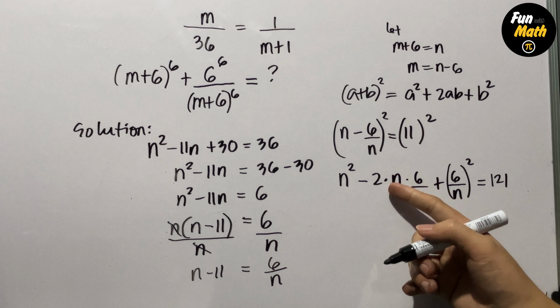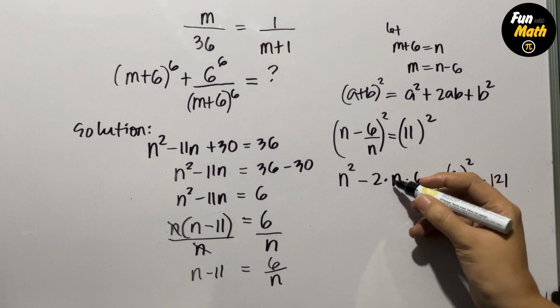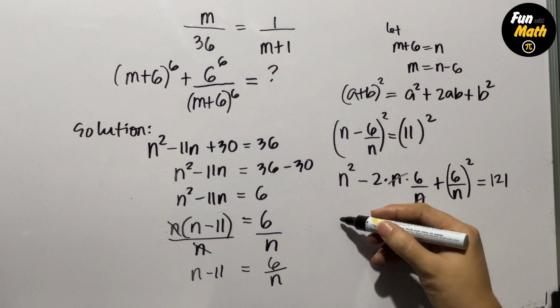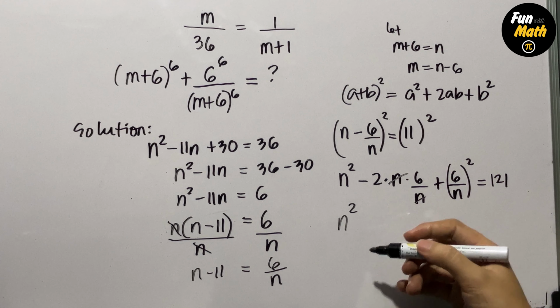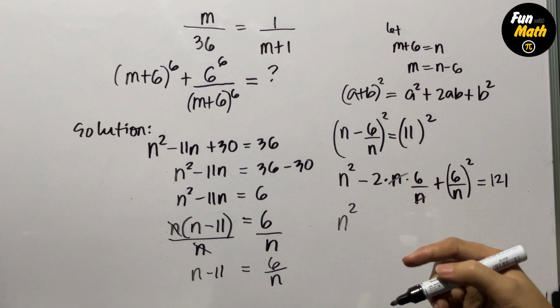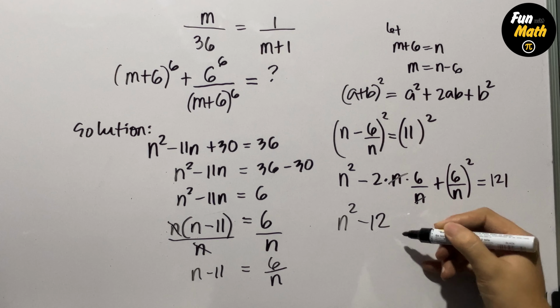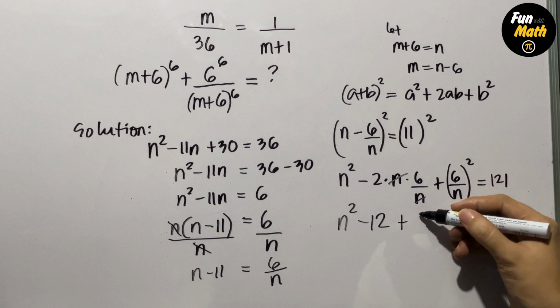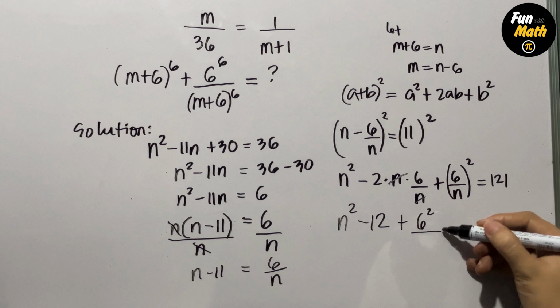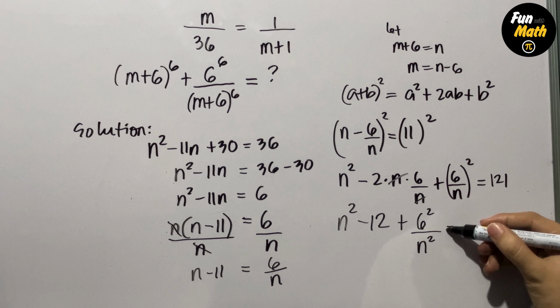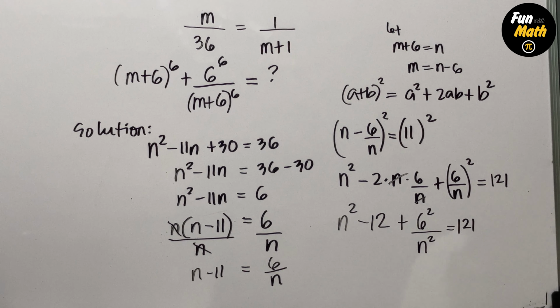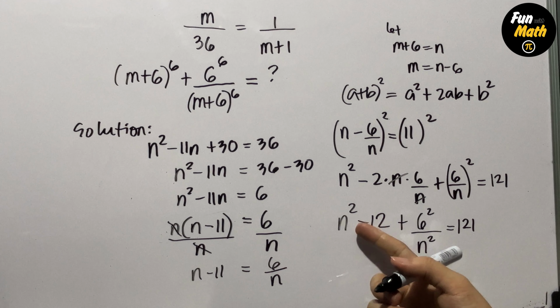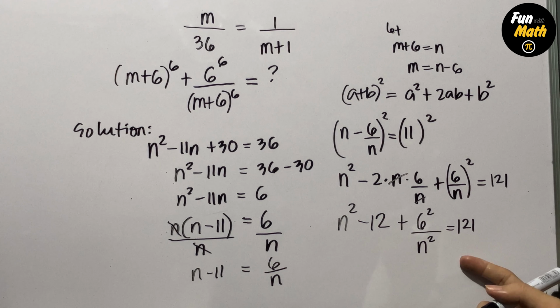So next, we can cancel n over n. So we're left with n squared, negative 2 times 6, that is negative 12, plus 6 squared over n squared, equals 121. Next we can take this negative 12 to the other side.